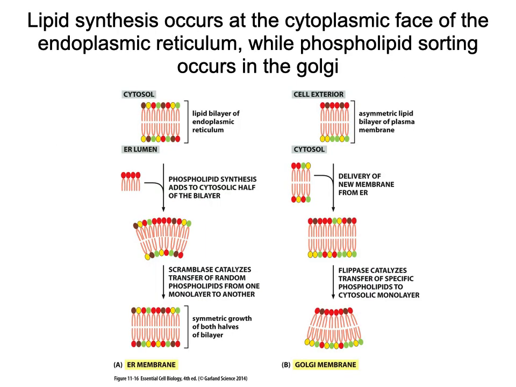When lipids are synthesized, they are more or less random in their distribution. There's an enzyme, scramblase, which you can see toward the bottom of panel A, that transfers random phospholipids from one layer to another. So in your ER, you end up having a mosaic of phospholipids.